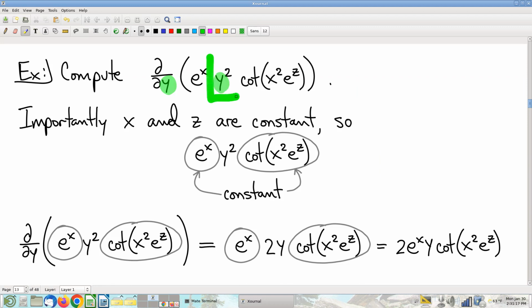That means that y squared is a variable, but everything else is constant. So x is a constant. That means e to the x is a constant. x is a constant means x squared is a constant. z is a constant means e to the z is a constant. That means the product is a constant. The cotangent is a constant. So most of the ugly in this equation is just ugly constant. And ugly constants are constants.